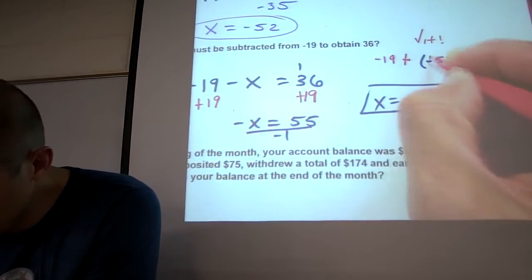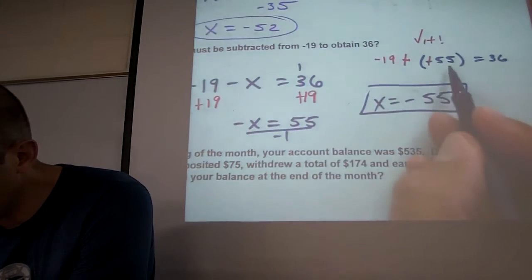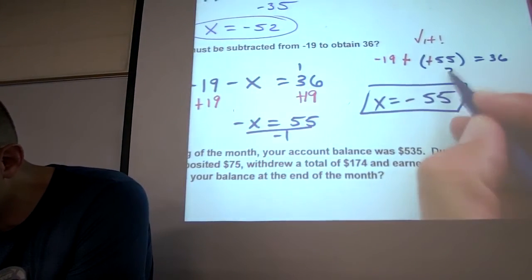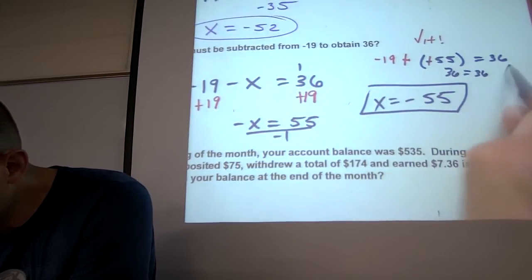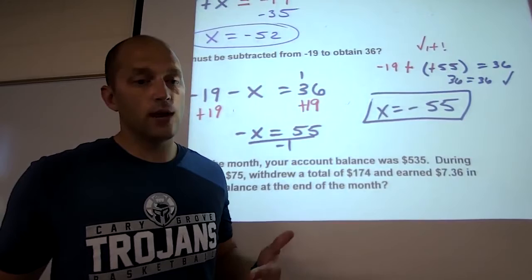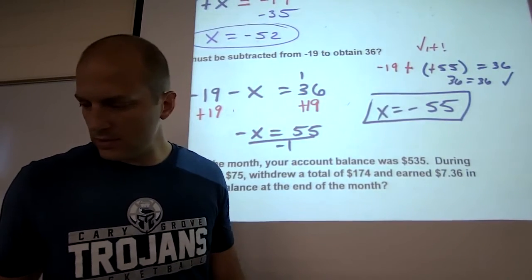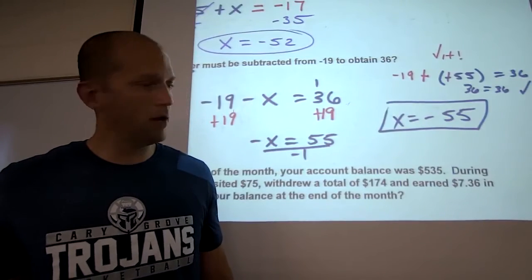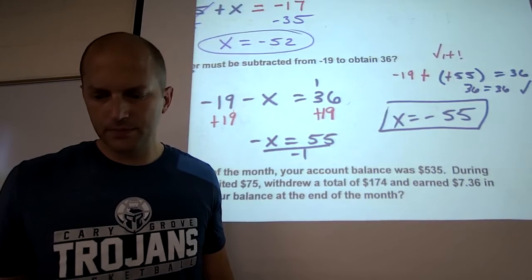When I subtract a negative, that's a positive, and then 55 plus negative 19 is 36. So it does check. That's something that you can do. You don't have to. A lot of times you'll be able to do this, and it'll be no problem at all for you guys.